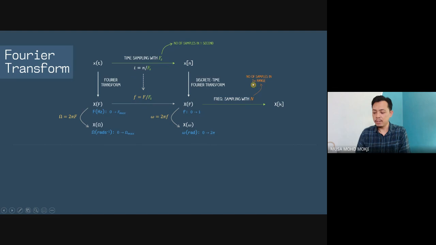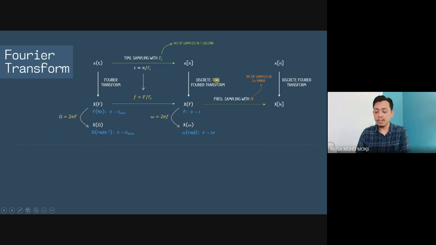Why the 2 pi range? Because for this omega, the range is 0 up to 2 pi. So you divide this x-axis of 0 up to 2 pi by capital N, the number of samples. If we do that, what we do is a discrete Fourier transform. This is what we call the discrete Fourier transform.